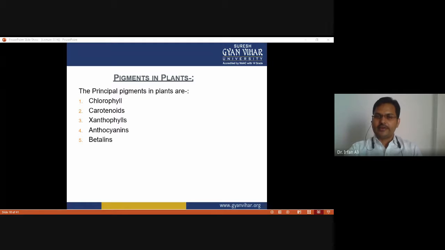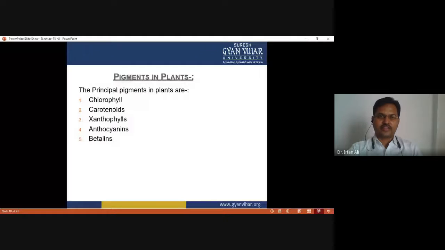Xanthophylls also provide color to plants. Anthocyanins provide color and are even used as a food coloring agent. Anthocyanin has blue colors and is used as a natural color in food. Betalains are also pigments found in plants. These are the various pigments found in plants.